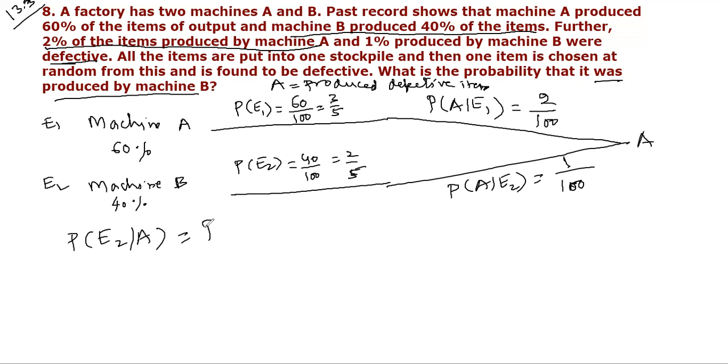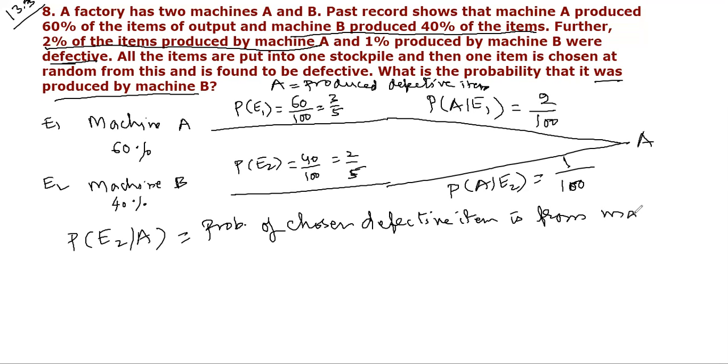Okay, that means the probability that the chosen defective item is from machine B.